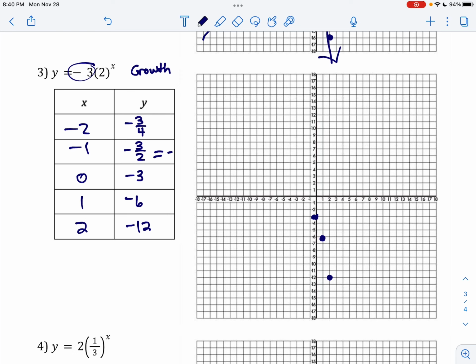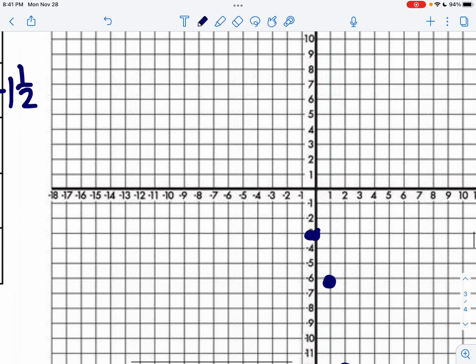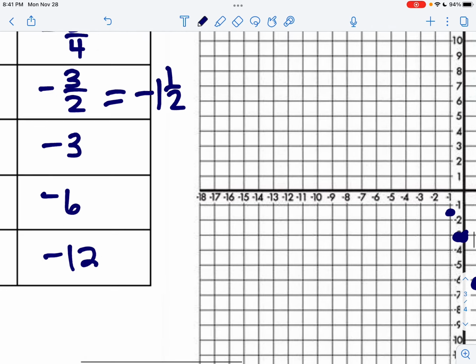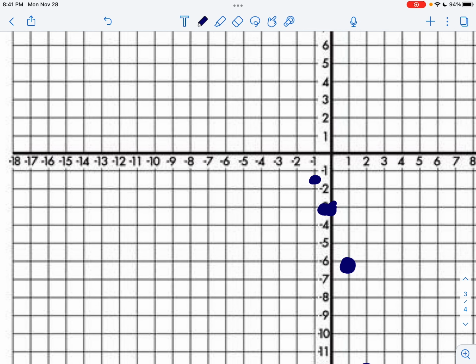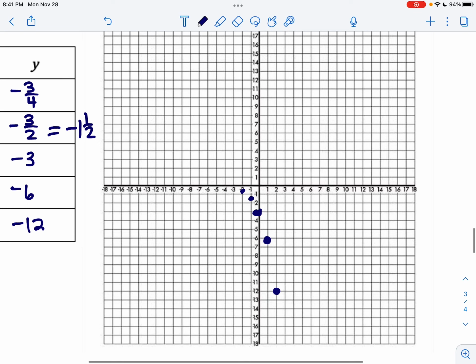Remember, -3/2 is -1.5. So I know where to graph that. -1 and -1.5 is about right here. And then -2 and -3/4 is just a little bit more than a half. So now we can draw our graph.